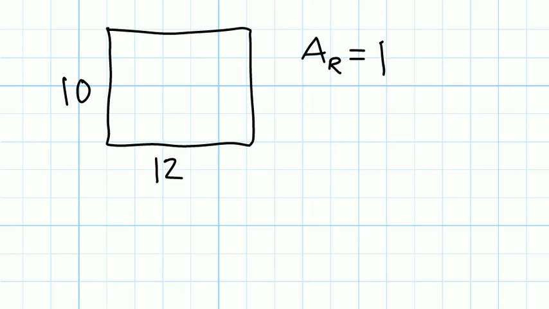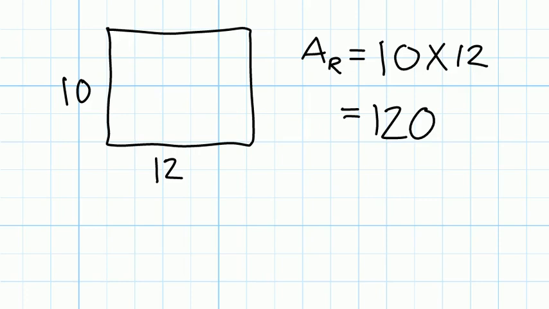So we have 10 times 12. Make sure when you multiply that they'll end up being whatever units that you're using squared. So in this case, it would be 120, and let's say units squared.